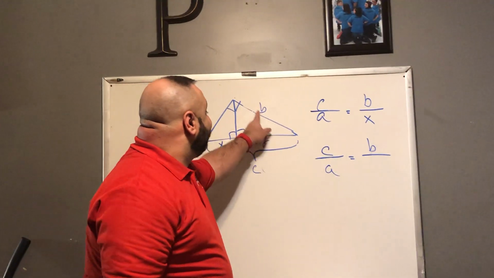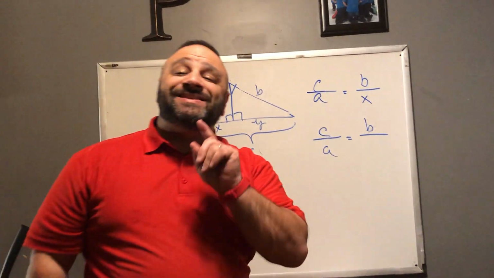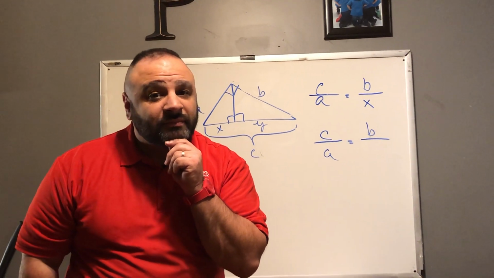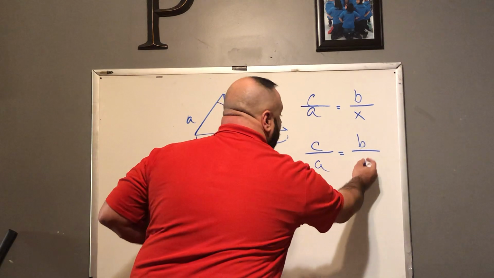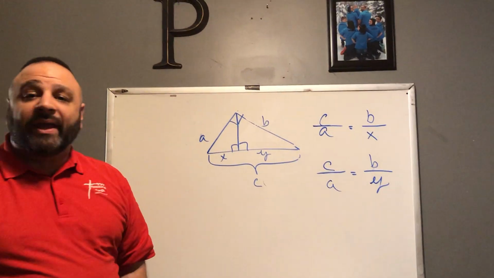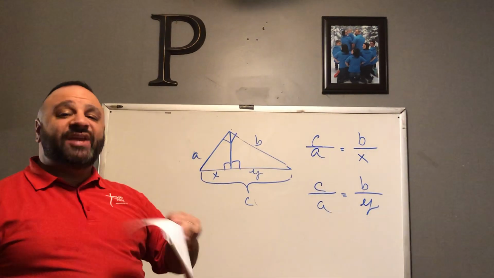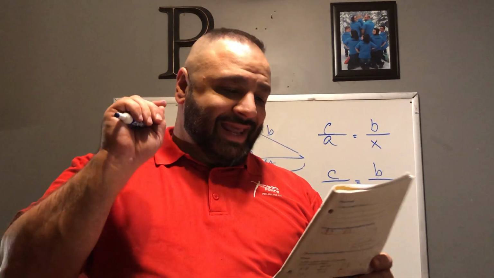Let's say we're looking for leg A. What segment is adjacent to leg A? I'm waiting. Right, good, good. It is segment Y. And there are your two proportions based on the formulation of Corollary 2 of Theorem 92.